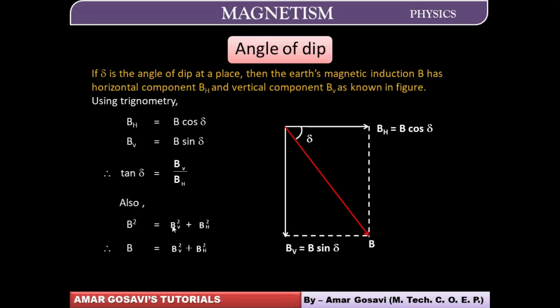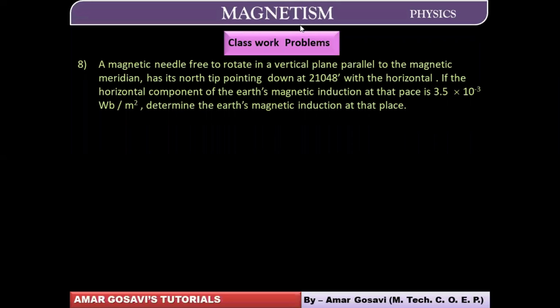So here we have the relation between BV, BH and Earth's magnetic field B. Then we have the equation for the angle of dip, that is tan delta equal to BV by BH, where BV stands for the vertical component of Earth's magnetic field and BH stands for the horizontal component.